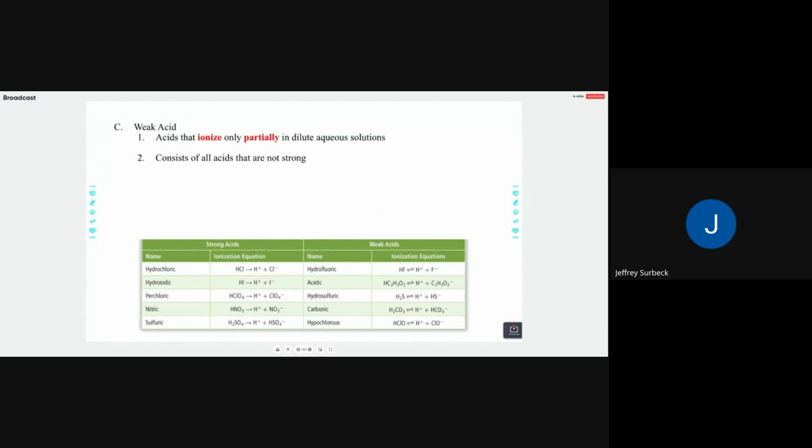So check this out. On the right-hand side, it says weak acids. If we take a look here, those arrows right in the middle of that very far right-hand side, they are all equilibrium arrows, meaning they only partially ionize. Equilibrium arrows only partially ionize.